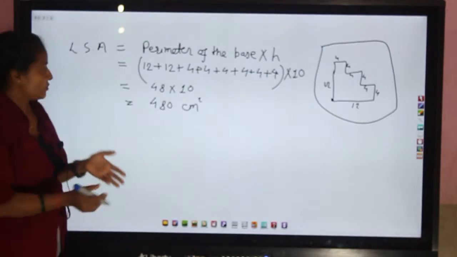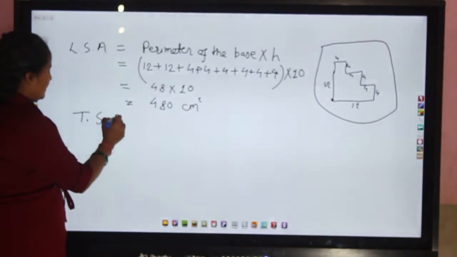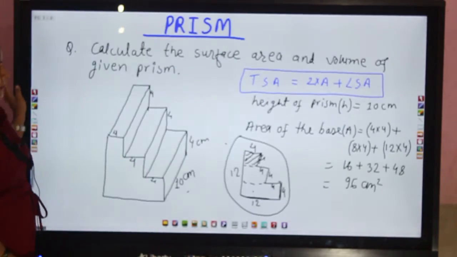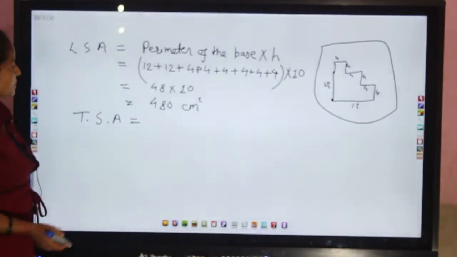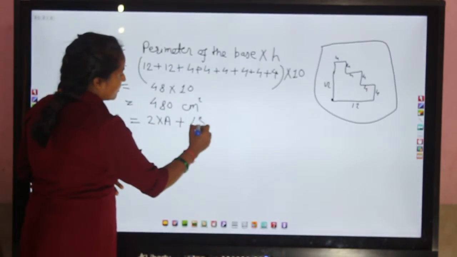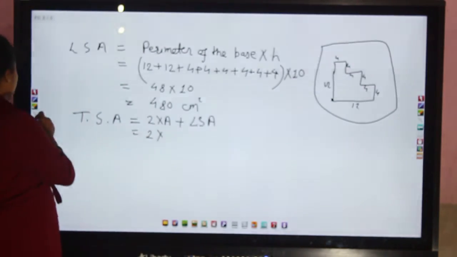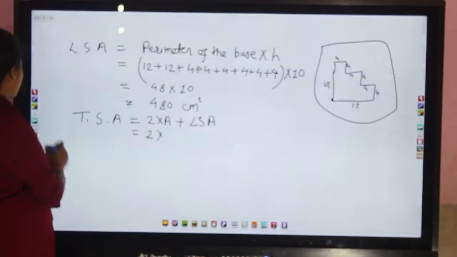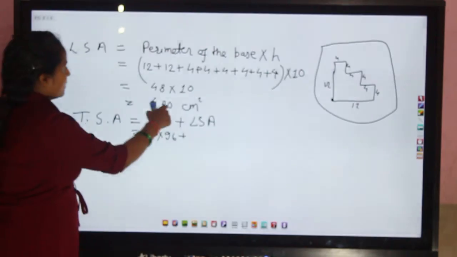Now finally we are going to find the total surface area of the prism. What is the formula? 2 times area of the base plus lateral surface area. We are applying here 2 times area plus lateral surface area. What is the area of the base? Area of the base is 96 centimeter square. 2 times 96 plus lateral surface area 480.